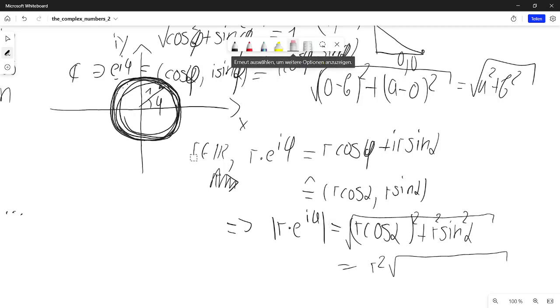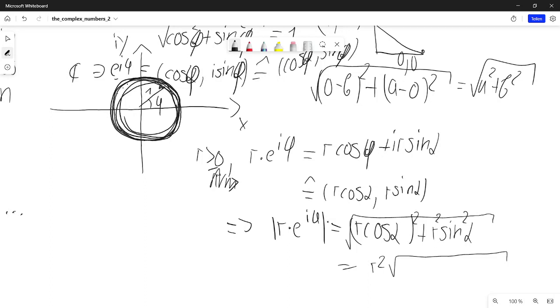We can say that this is bigger or equal 0.